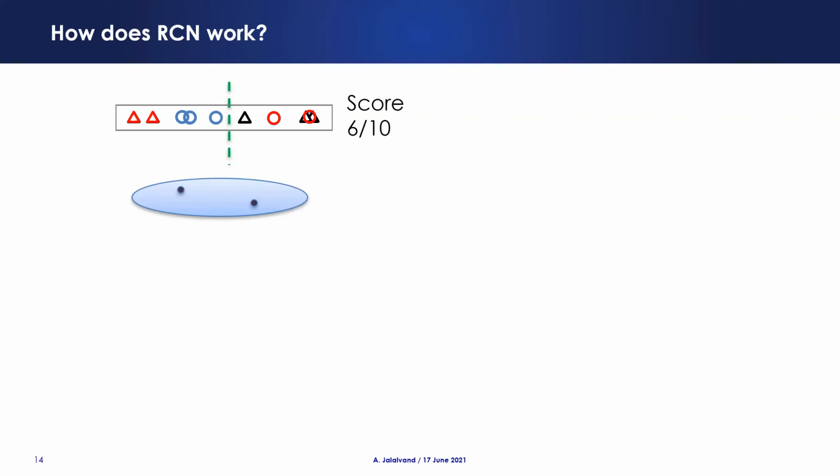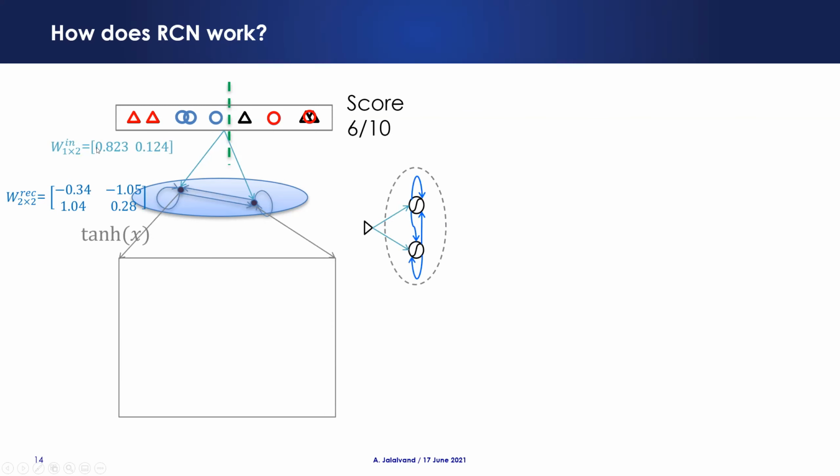Now we have this 1D input, and we use a reservoir with 2 nodes. Since we have 2 nodes and a 1D input, the input layer has these 2 elements, so from 1D to 2D, to connect this 1D input to these 2 nodes.